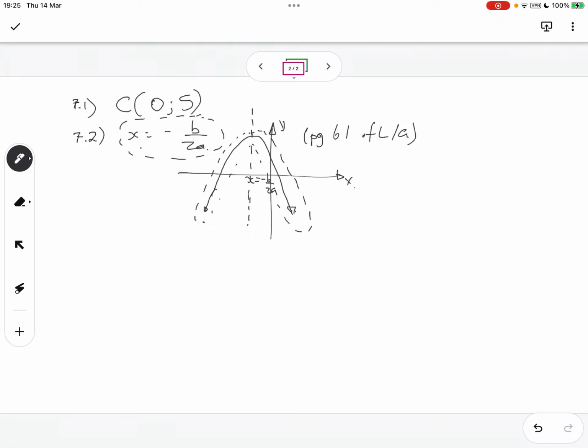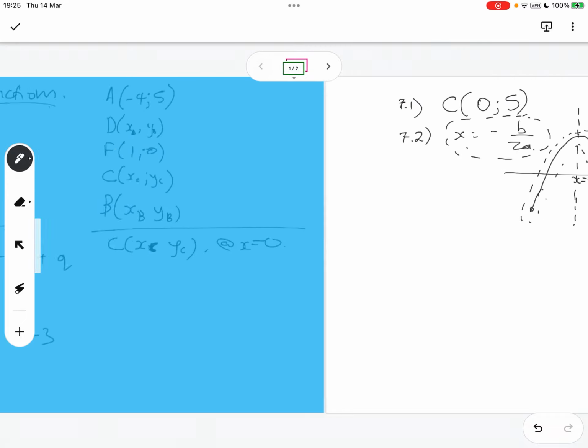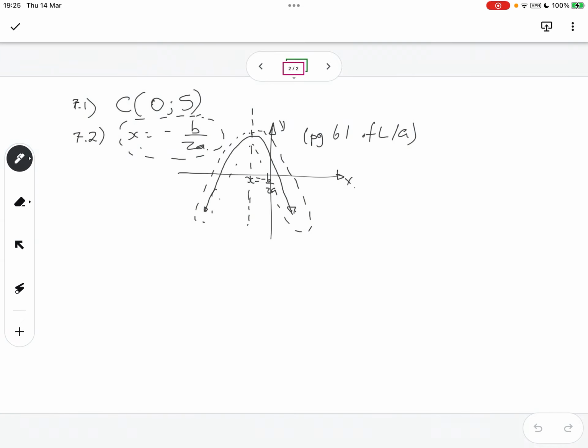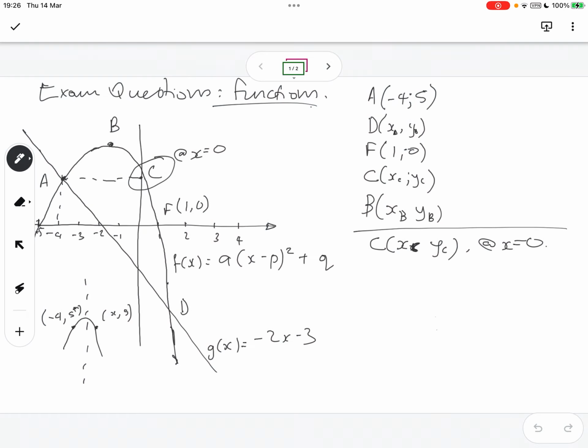To get the equation of the axis of symmetry of f, since we've got these 2 points, C and A and F, which are intercepts, maybe we could use those quickly to just determine, or maybe not. Axis of symmetry, minus b over 2a.